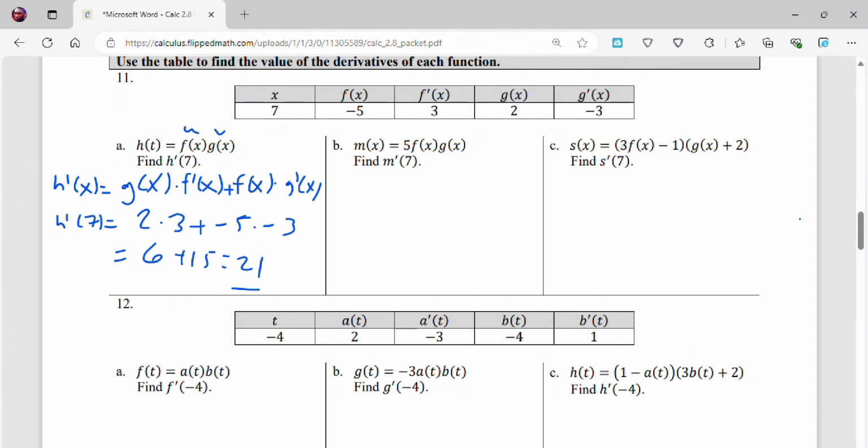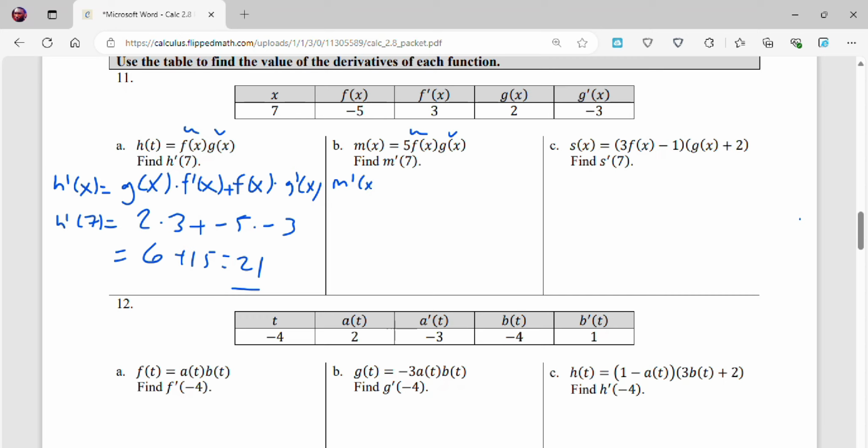Next, m of x equals 5 times f of x times g of x. So we have to find m prime of 7. Okay, same thing, right? So v u.